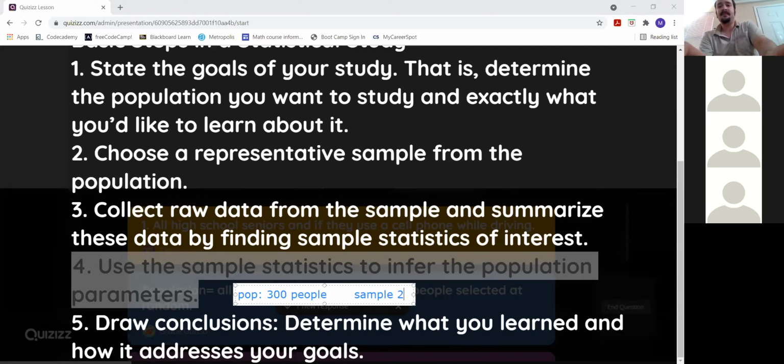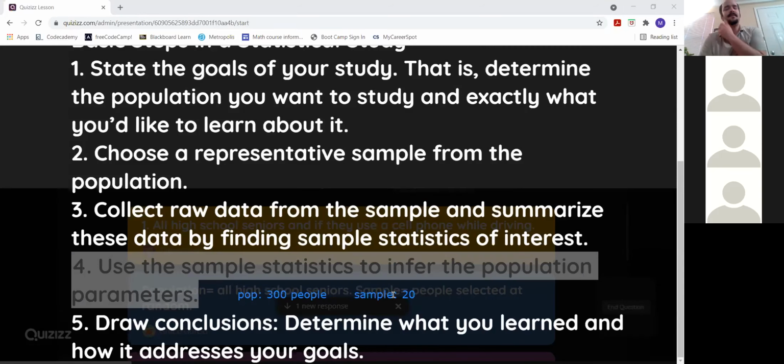Maybe you're lucky and you get 20 people to answer your survey. So out of the 20 people, how many said they use their phone while driving? Maybe 12 out of 20, 0.6. So we're going to say 0.6 or 60% of the people use their phone while driving.